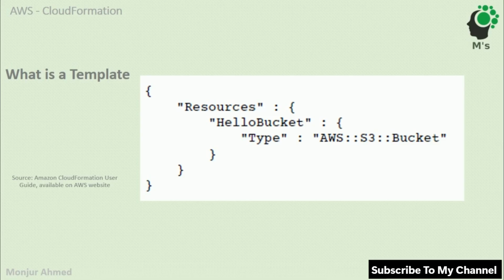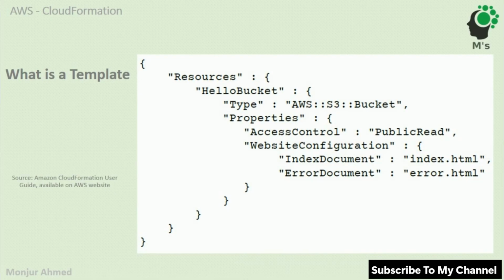So let's see a bit more complex one here. We have another example. Here we have our resource called hello bucket, and we said the type is an AWS S3 bucket. It might have some other properties as well that we can define. Here you see properties: access control is public read, and website configuration.